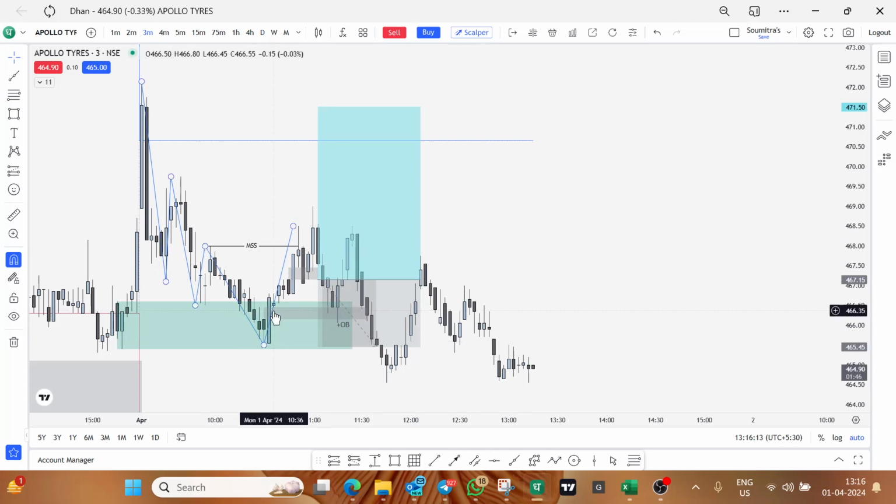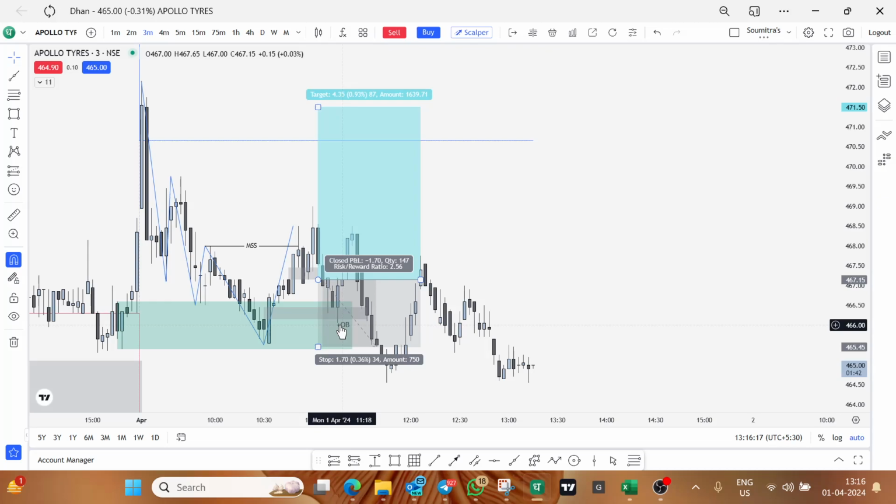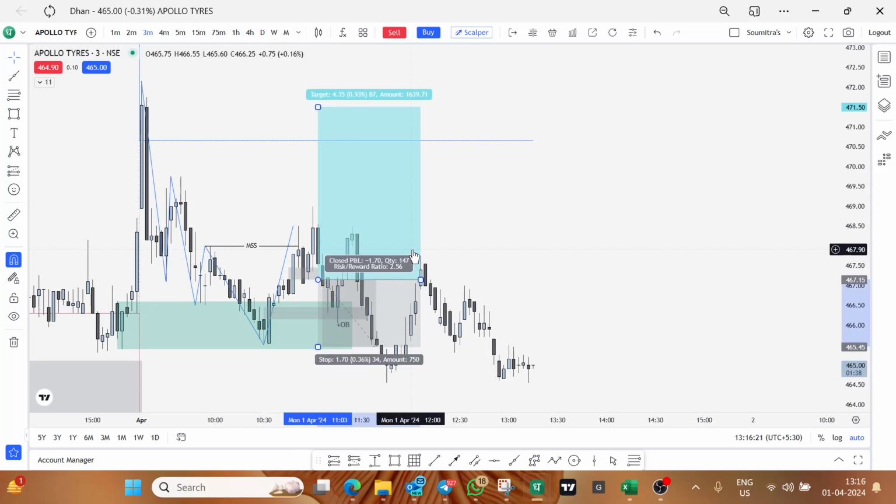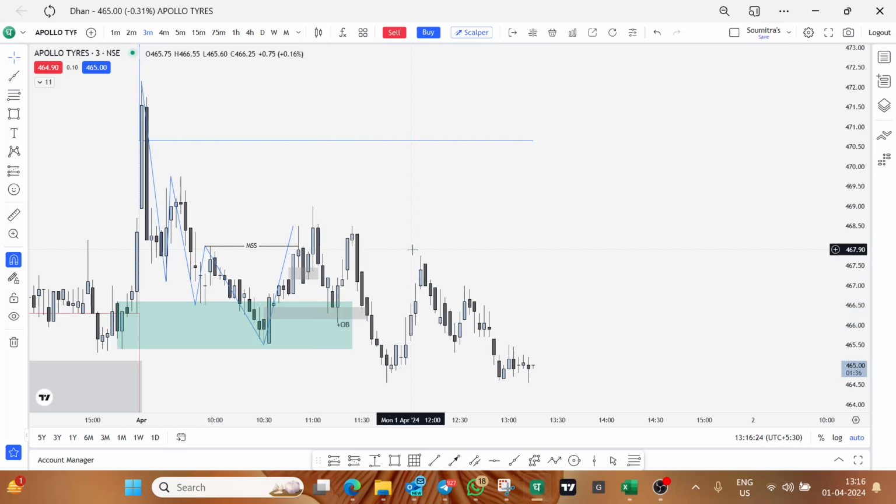So here I also observed that price was reacting from here in this particular order block, and I think I have taken the trade not from here. I have taken the trade from here. So this was the first fair value gap.